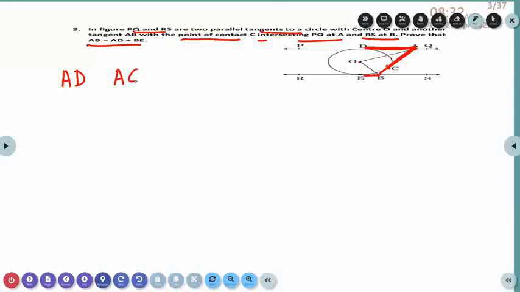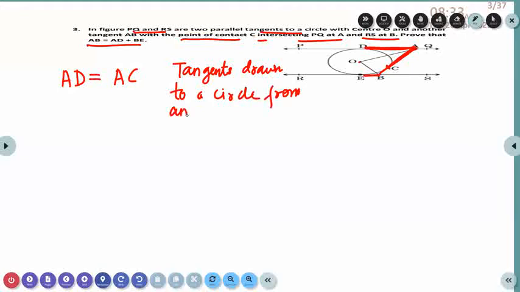So using this theorem, we can say that AD is equal to AC. So we write the first step: AD is equal to AC, and the reason will be tangents drawn to a circle from an external point are equal.